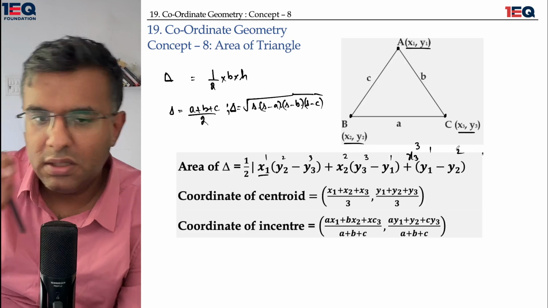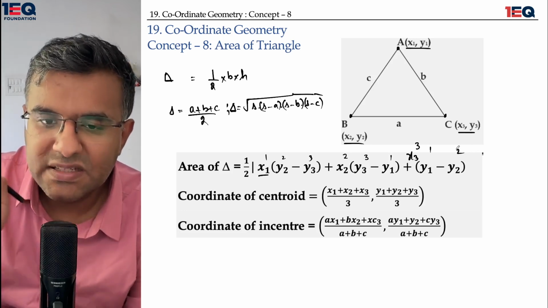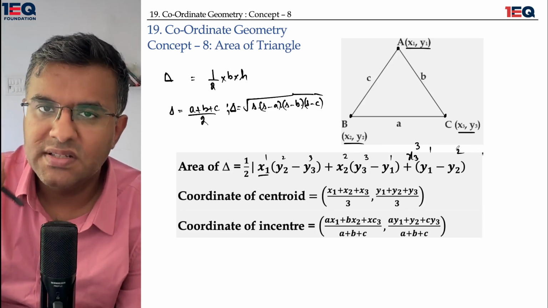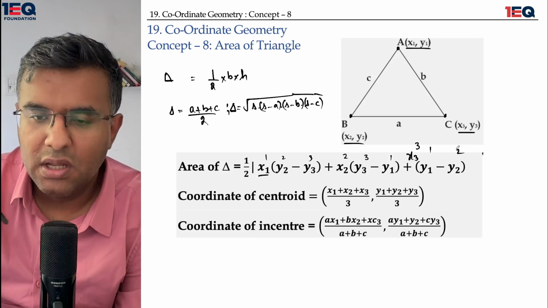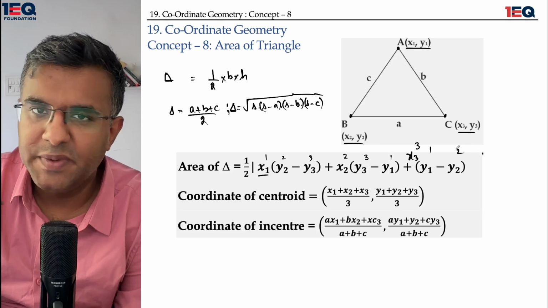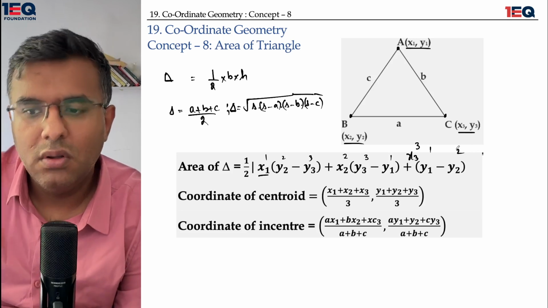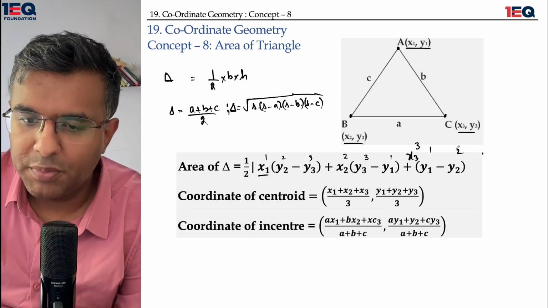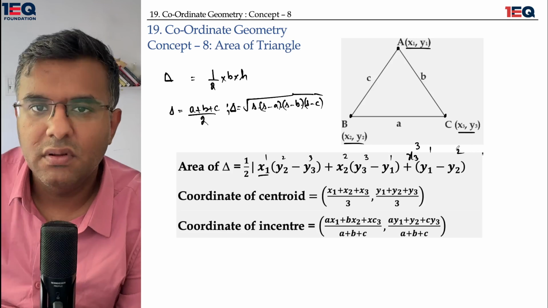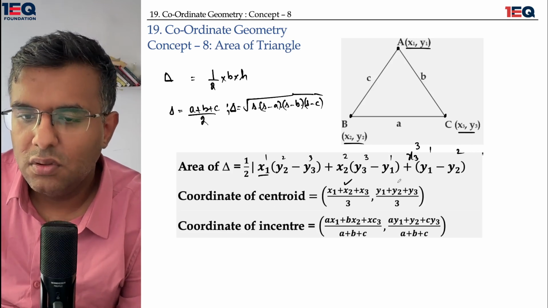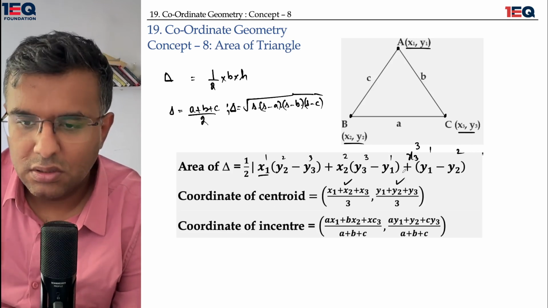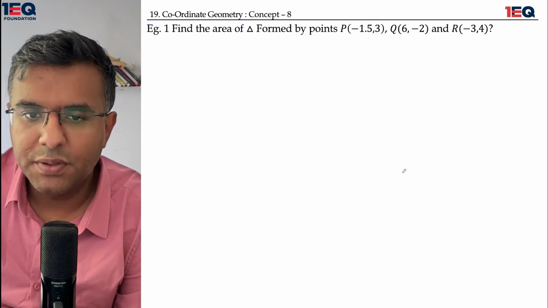So 1, 2, 3 in the rolling back order, with x being outside and the y coordinates being subtracted from each other. So this is how the situation would move up. Good enough? This is it. Let me move forward.